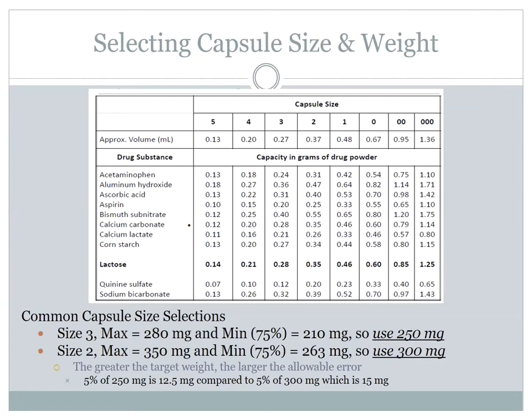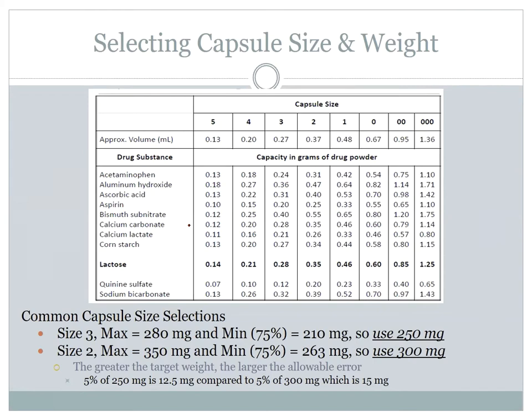So in the end, this is a memorization alert. I expect you to come next week having memorized that if I'm using a size 3 capsule, whether it's on the wet lab or on the errors and omissions, a size 3 capsule's target weight ideally is 250 milligrams. 250 is kind of right in the middle of the capacity, and it's a nice, easy number that makes your calculations easy and more correct when you do them.